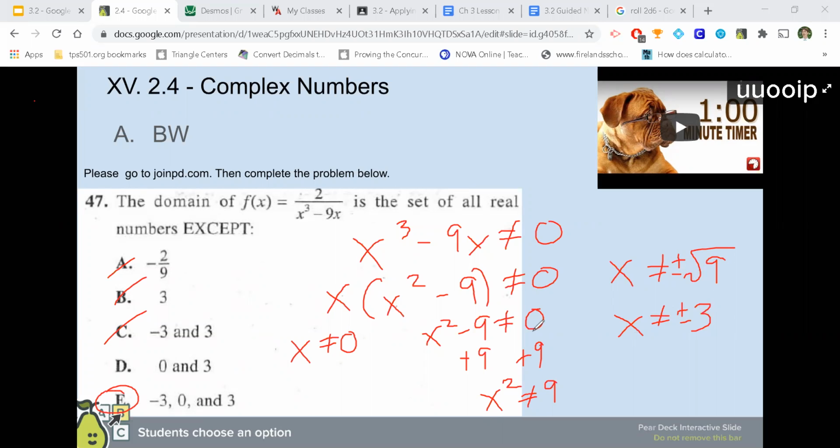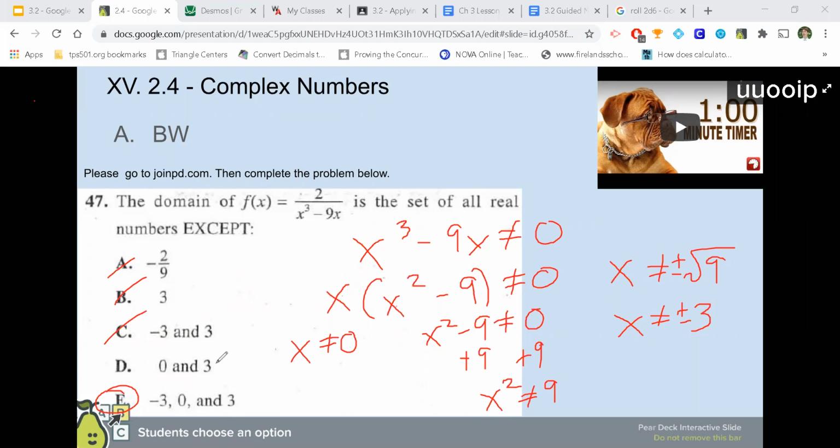All right. That's one way to do the problem. Now let me tell you the unethical way to do the problem. You just plug in the numbers, right? And see which ones your calculator says it can't do. And to be honest, you see there's a lot of duplicates, right? 3 is in here 4 times.